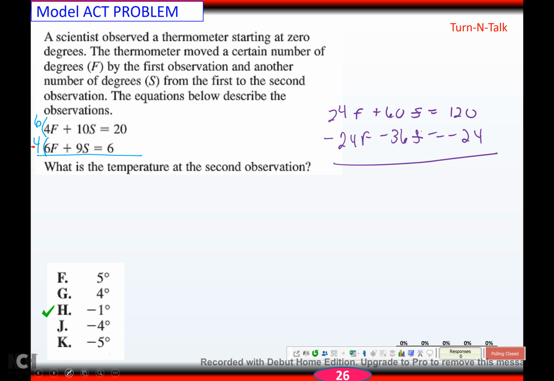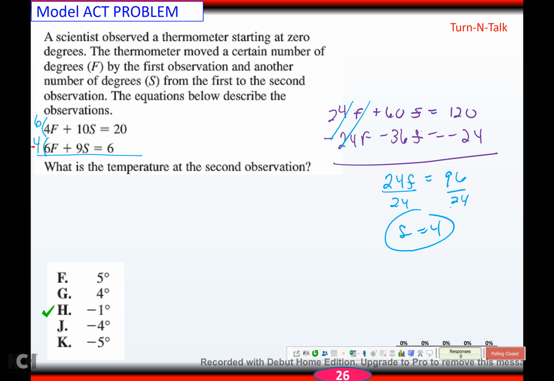And just like I thought would happen, because that's the whole reason I did it, the f's cancel. I have 60 s's take away 36 s's, sorry, which leaves 24 s's, equals 120 take away 24 leaves 96. Divide by 24 and I get s equals 4.